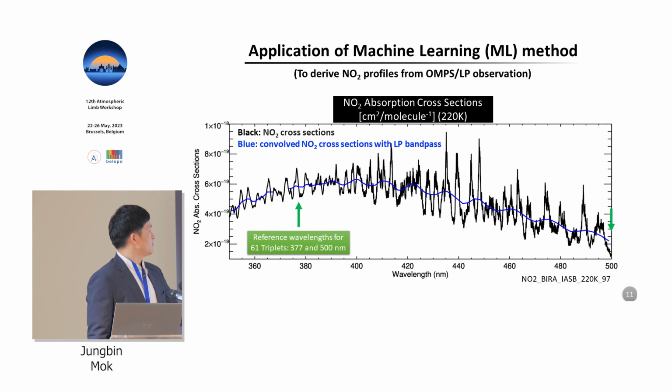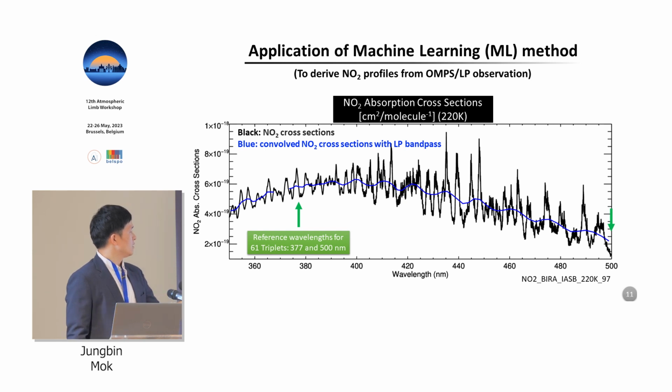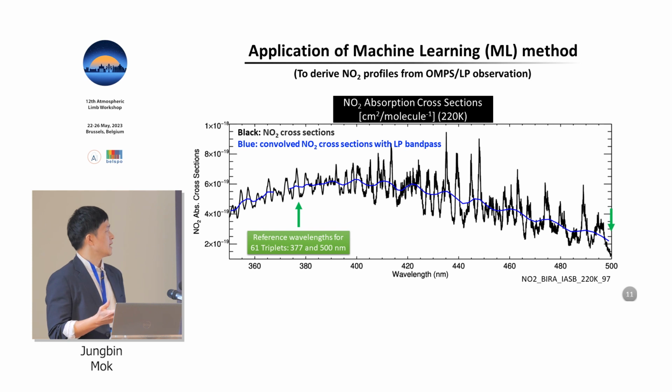As you can see in this plot, the black line shows the high spectral resolution NO2 absorption cross sections. But if we apply the bandpass, you can see very limited information, like this smoothed curve. So advances in machine learning techniques will improve these issues, and we expect better accuracy of NO2 profiles.